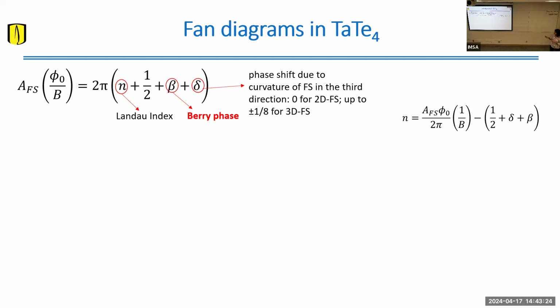So if you plot the Landau index as a function of inverse field, you will see that this quantity is the intercept. And from the intercept of this curve, you can deduce what the Berry phase is.